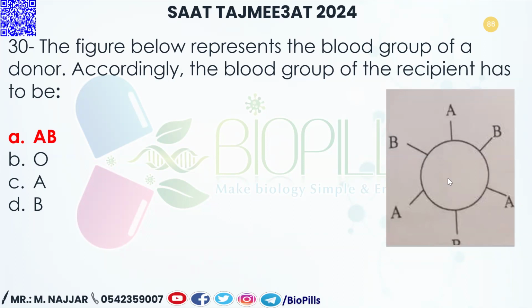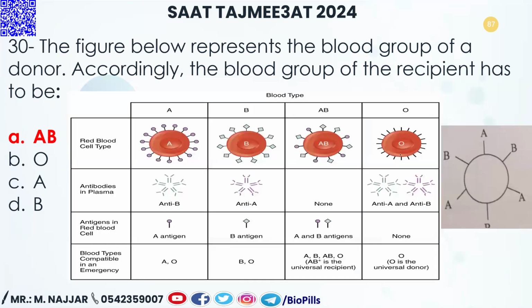Because the red blood cell has antigen markers, and here the antigen markers are A and B. And this is the blood group AB, because of co-dominance inheritance. The AB is the selfish blood group: it only donates to itself and takes from all the other blood groups.